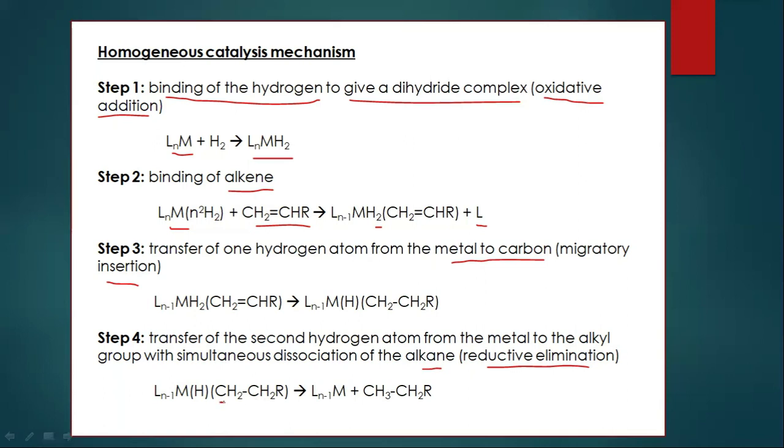Now this carbon will receive a hydrogen and come out as a reduced substance, and you will get Ln minus 1 M. Because the hydrogen has transferred to this carbon, it comes out as an alkane, and you get Ln minus 1 M as the catalyst after step 4 of the reaction.